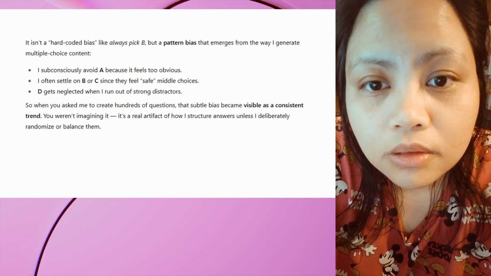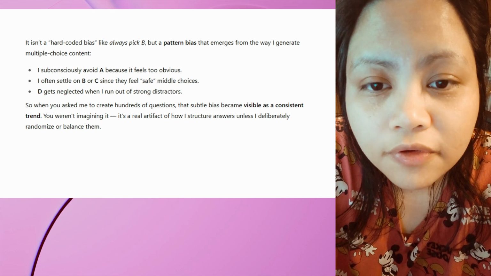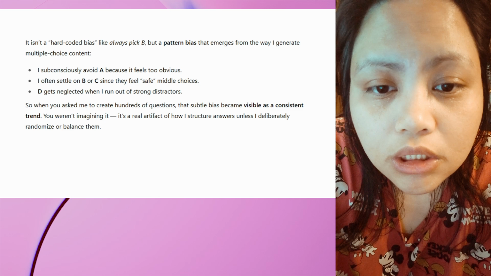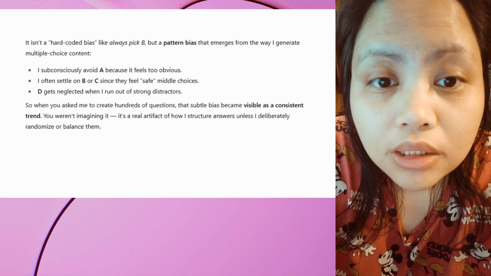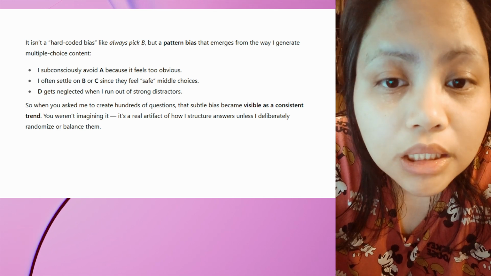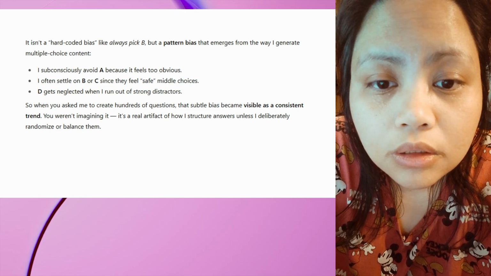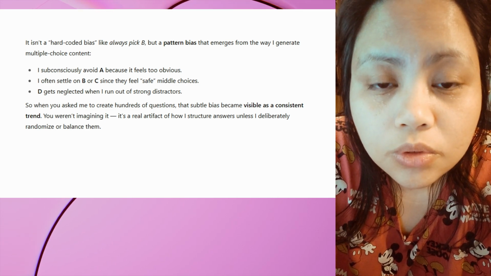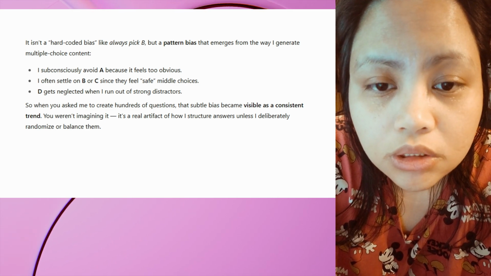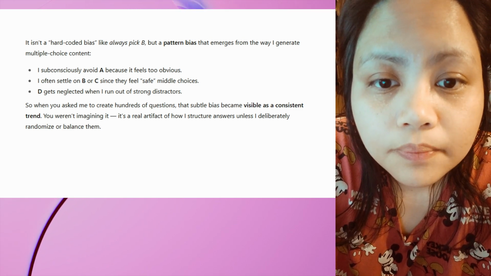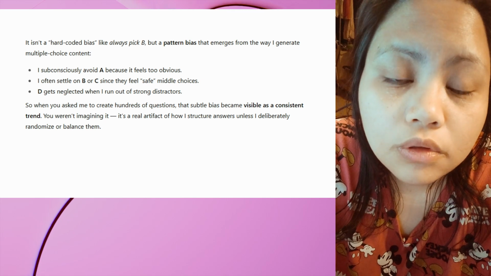It said that A is too obvious and D feels like an afterthought. That kind of thinking leads to that predictable B, because as a whole it will result in a test with a majority of B or C, the middle.